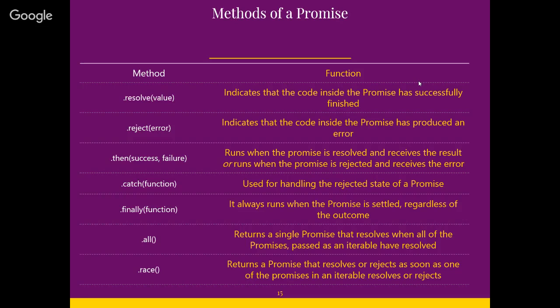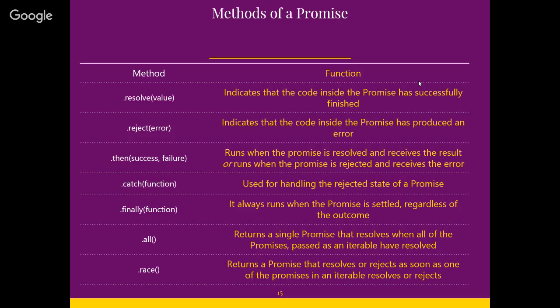This method returns a promise object that is resolved with a given value. If the value is a promise, that promise is returned. So if the value is a thenable, and notice here that a thenable is just a data type that has a .then method. So an object that has to have a then method. If it has a then method, we can call it a thenable.